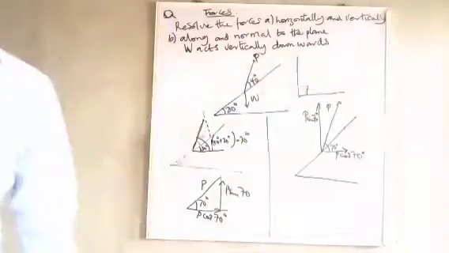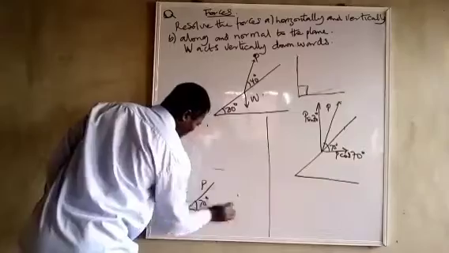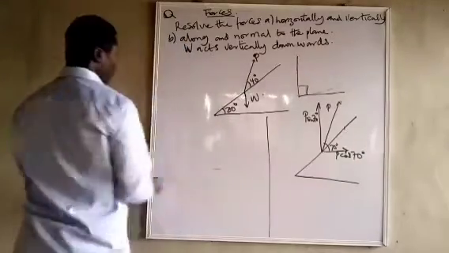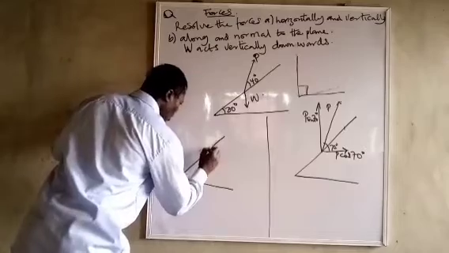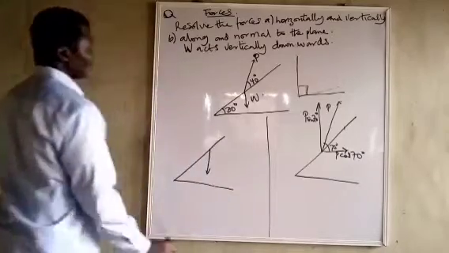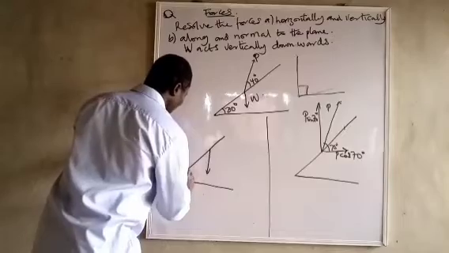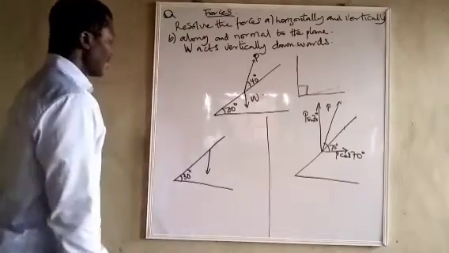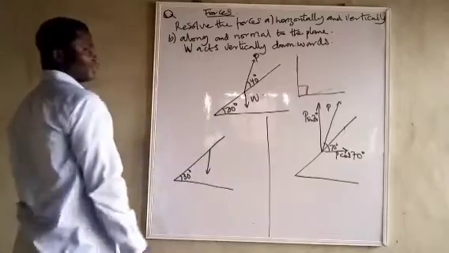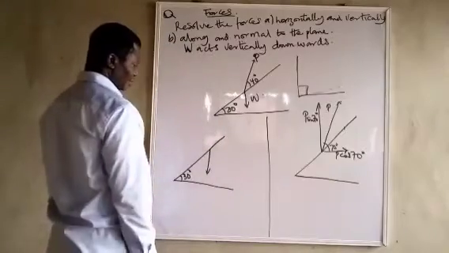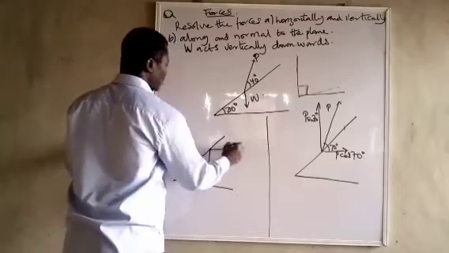Now let's handle that of the W. If you look at the W, it comes down like this. And this is 30 degrees. If you look at it, it has components along the vertical direction downwards. But since it is perpendicular to this place, it has no components along this place.